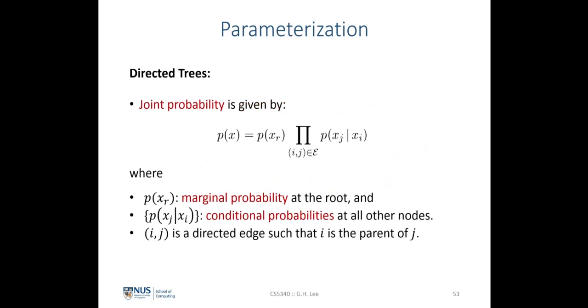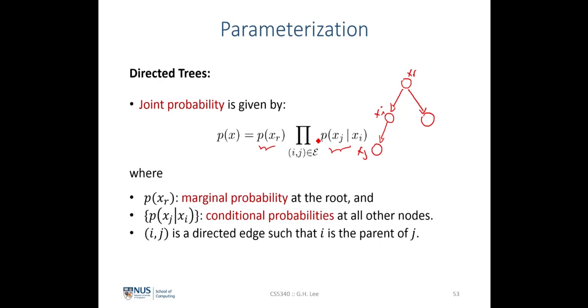And we'll see that essentially this is the same for directed trees, where the joint probability distribution is given by the parent-child relation. So in this case here, this is the parent-child relation. Suppose that I have the root node which I call xr, there's no parent to this, and for every other random variable, which I call xj and xi over here, I would have the parent-child relation conditional probability, and I will have a prior distribution over xr over here.